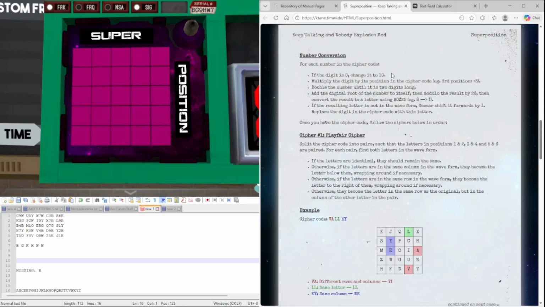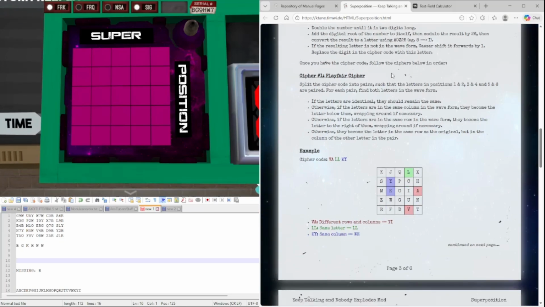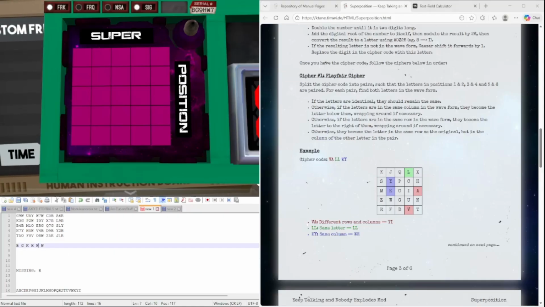The side code for the cipher is in the order below. These are identical, they should stay the same.